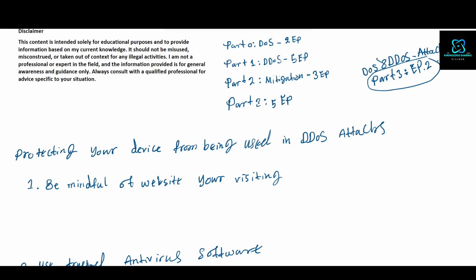That's why it's very important when you are visiting some website, you should read and be careful. If you become a little bit suspicious, you should close down and go out from that website. Close your browser. Okay, this is the first measure.